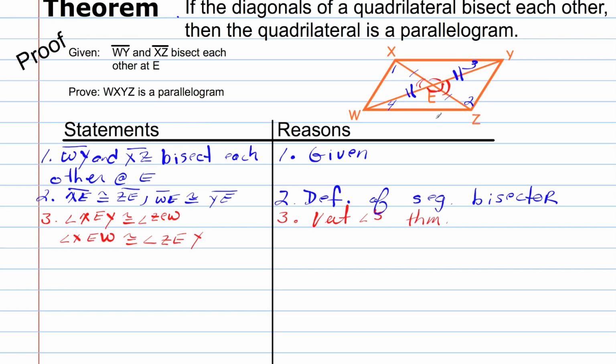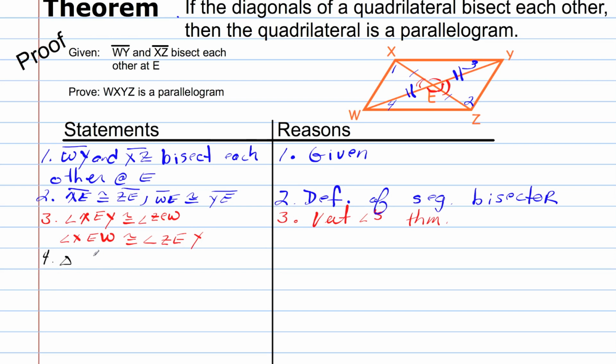Now what we have is this top triangle, triangle XEY, and this bottom triangle, triangle ZEW, congruent to one another. And that's because of side angle side. Then we also have the left and the right triangles.